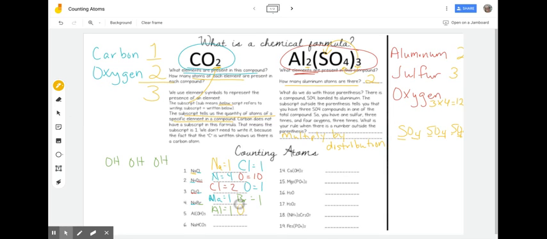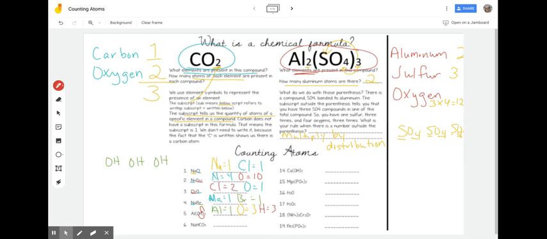So I can put O is 3. And it means that I also have 3 hydrogens. H is 3. Remember, you can use the distributive property if you would prefer. You could say 3 times 1 is 3. 3 times 1 is 3.